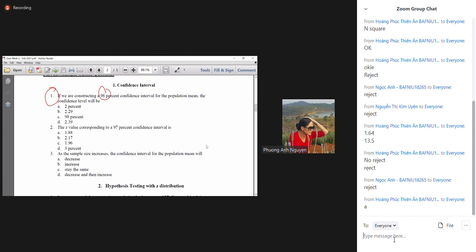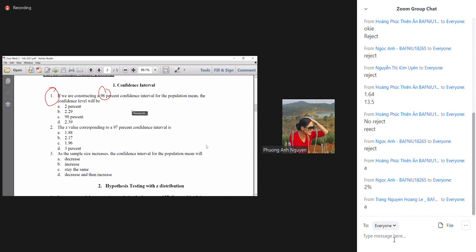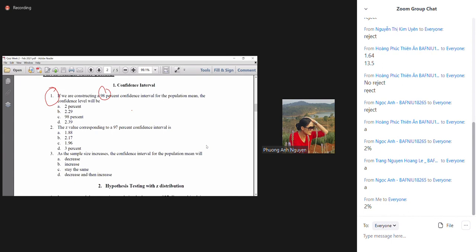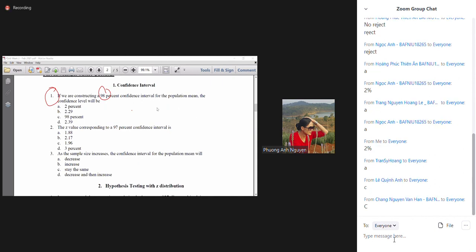Careful, because the confidence level is different from the significance level.